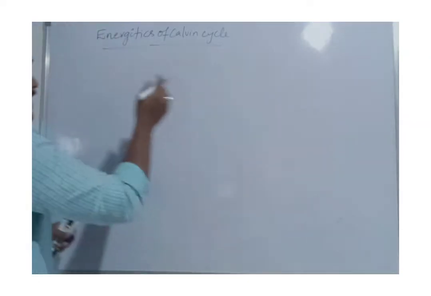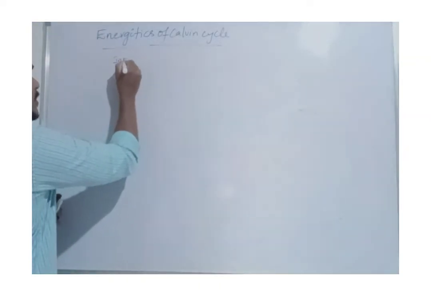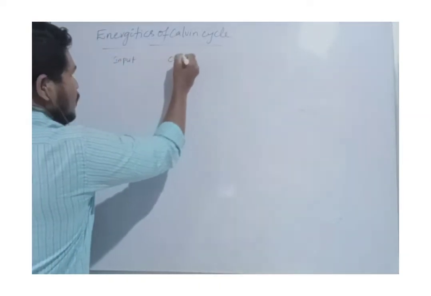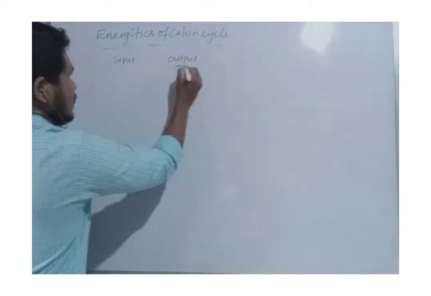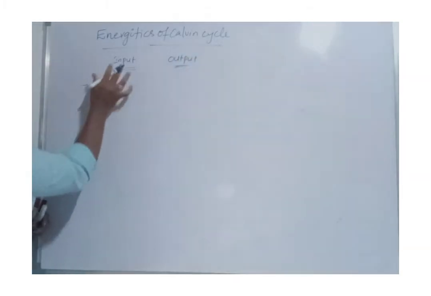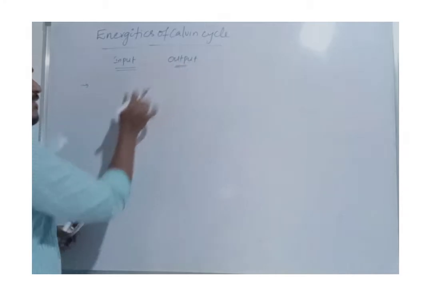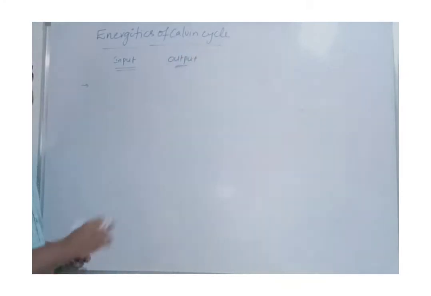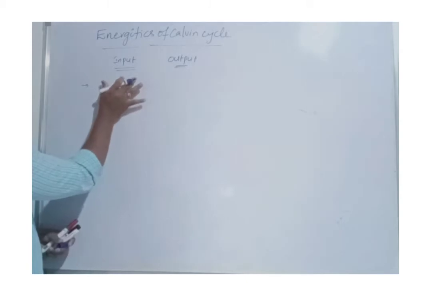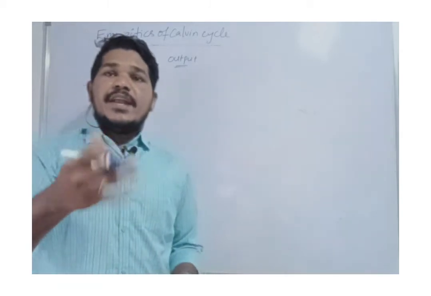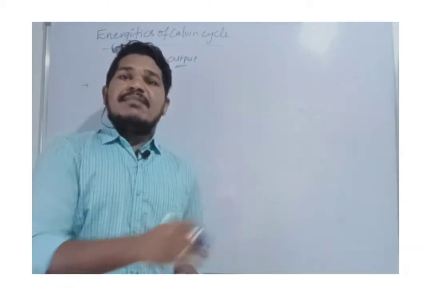Here we look at the input substances and the output substances, the final products of the Calvin cycle. How many carbon dioxide molecules are fixed or reduced in the Calvin cycle?